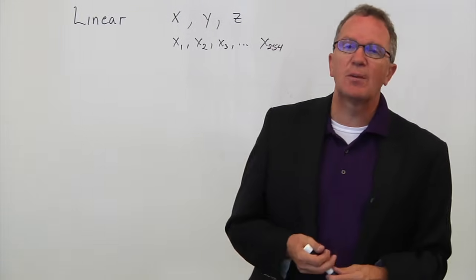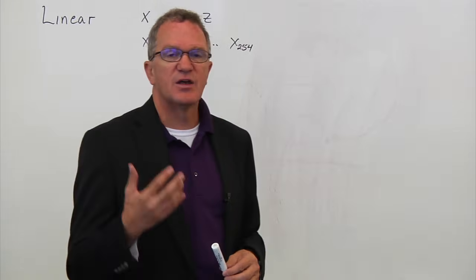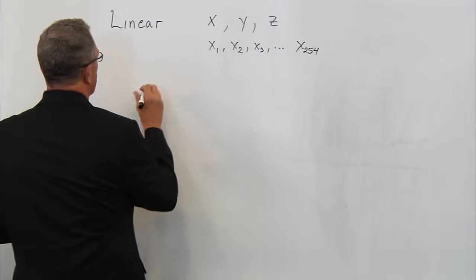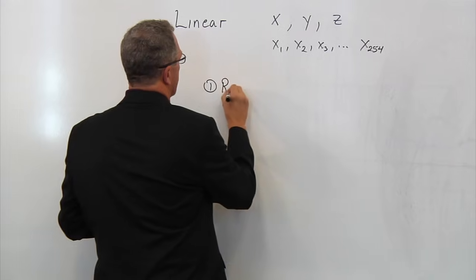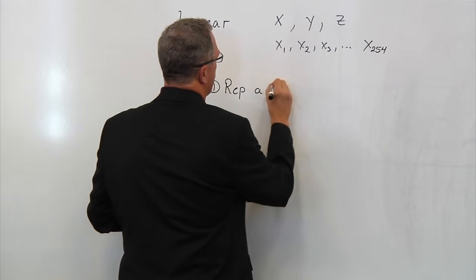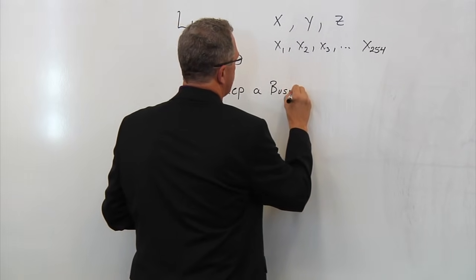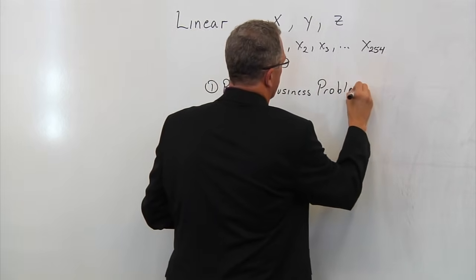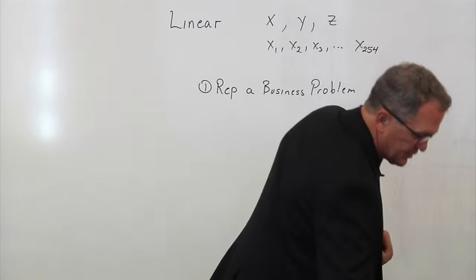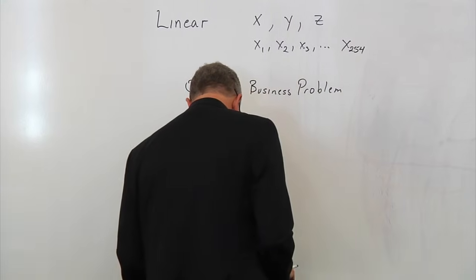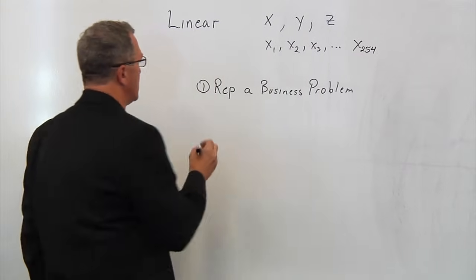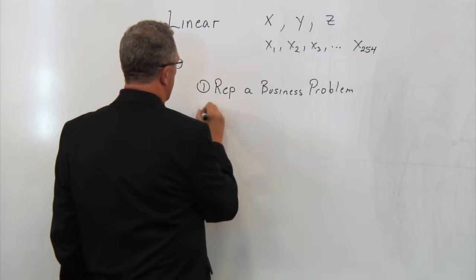So the properties of an LP model. First off, it represents a business problem as closely as possible. So our model is going to represent a business problem. All right? Secondly, our model is going to try to maximize or minimize some quantity. All right?